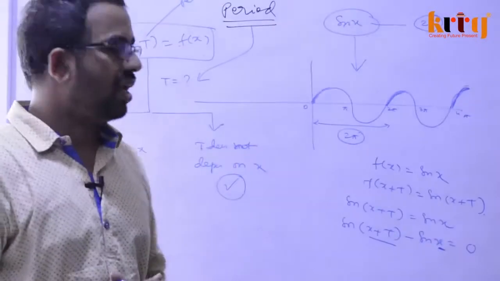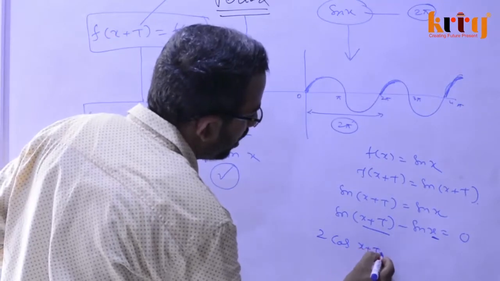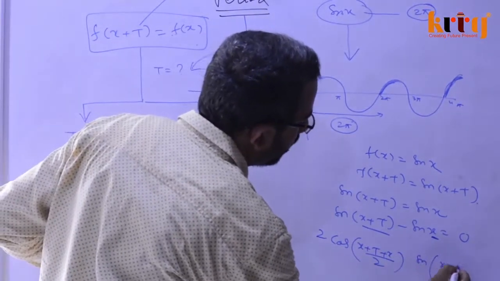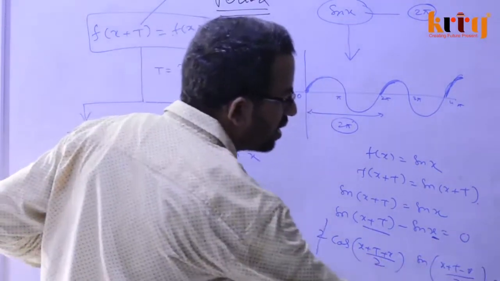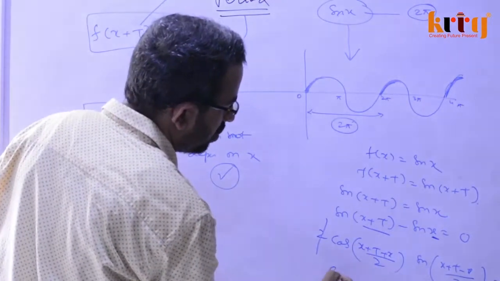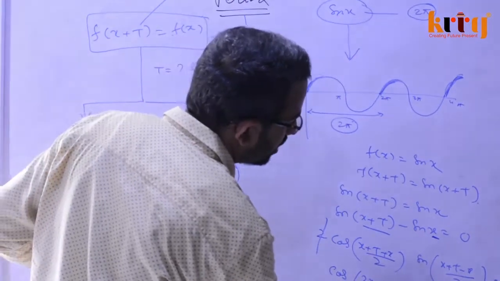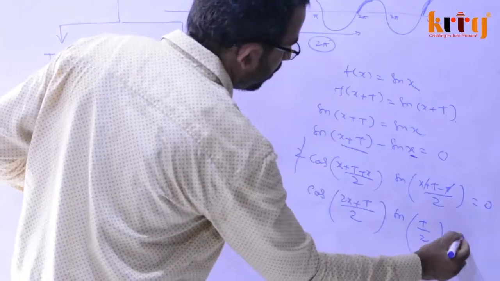So we know that sin a minus sin b is 2 times cos of (a plus b) by 2 times sin of (a minus b) by 2, equal to 0. The 2 goes to the other side, 0 by 2 is anyway 0, and x plus x is 2x. So cos of (2x plus t) by 2 times sin of t by 2 equal to 0, the x terms get cancelled in the sine.